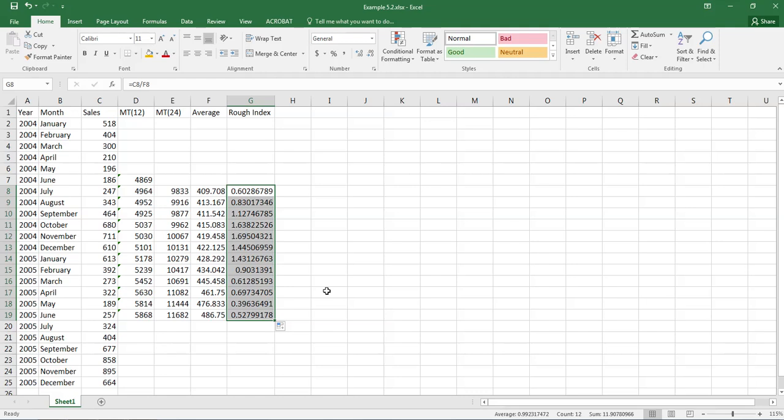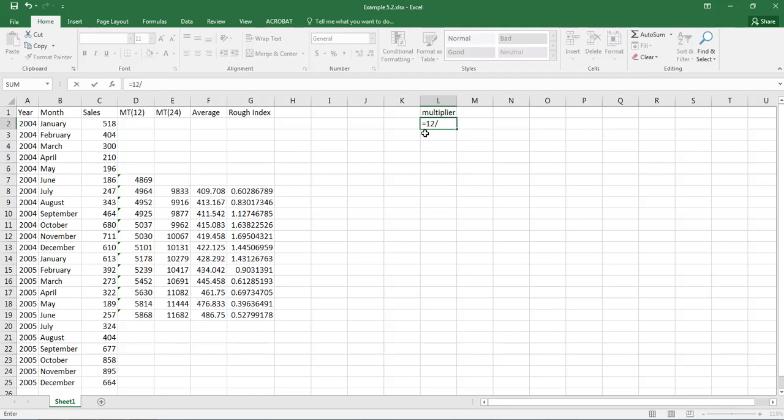So here, to do that, we need to find a multiplier. For monthly data, the multiplier is 12 over the summation of the rough index here.